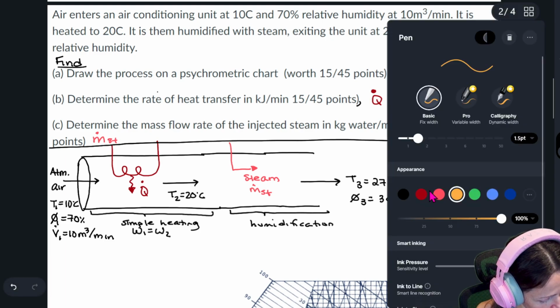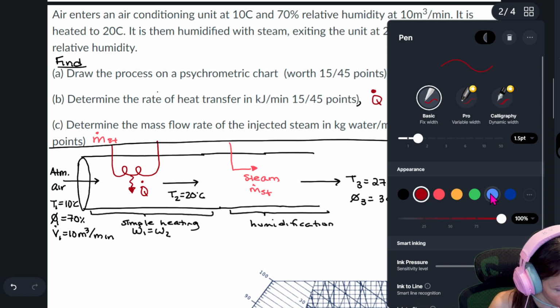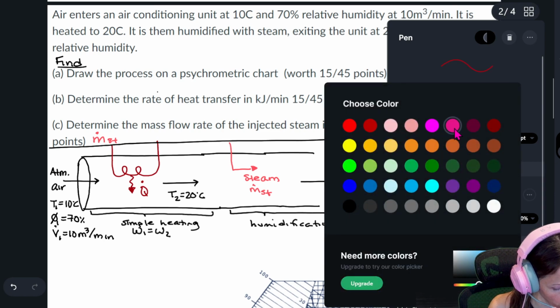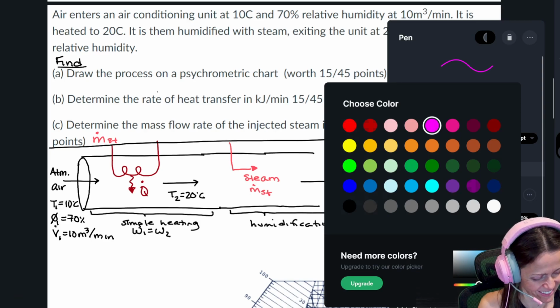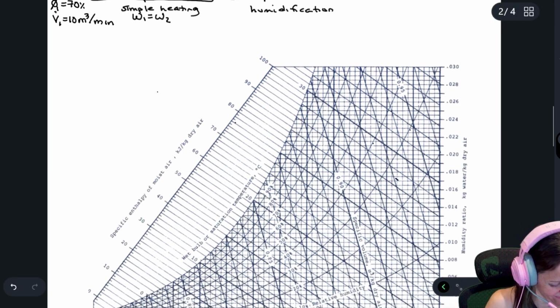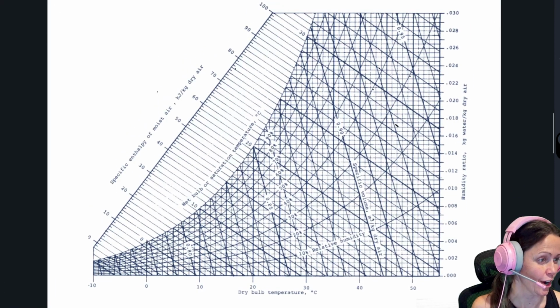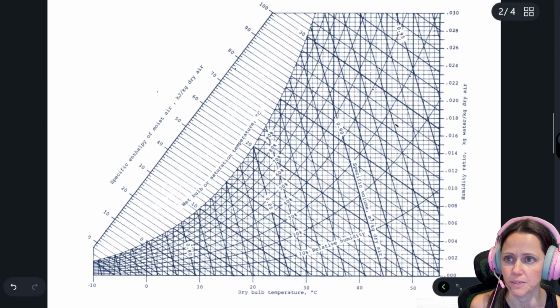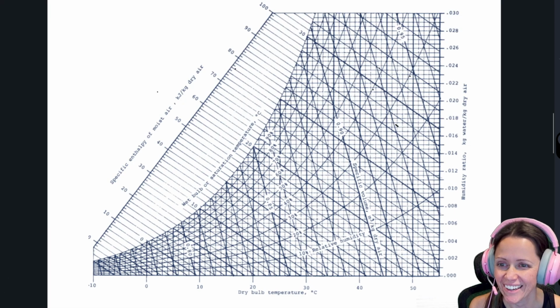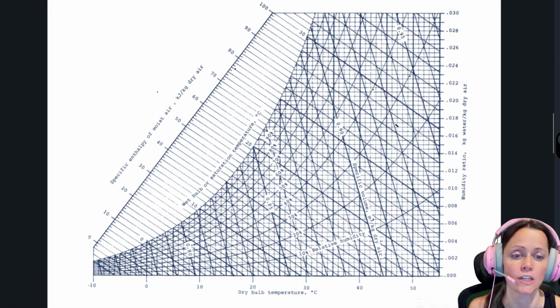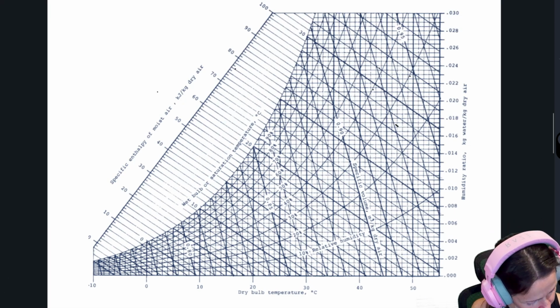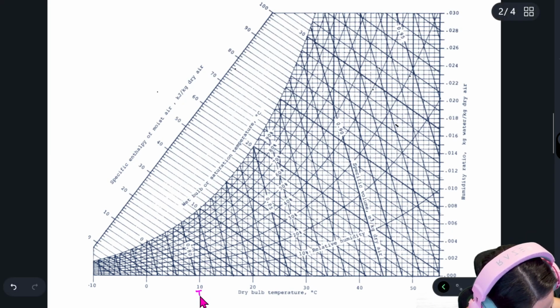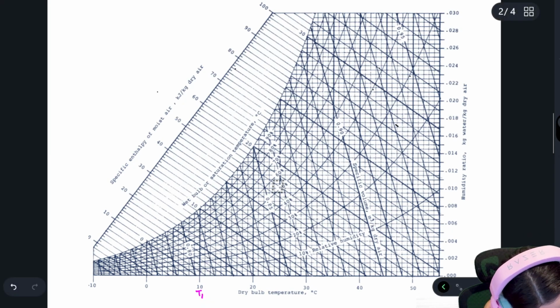I've got it down below, and let's use pink. Okay, so here we are, state 1. I need my problem statement: 10 degrees, 70% relative humidity. So here's our T1, and then 70%.